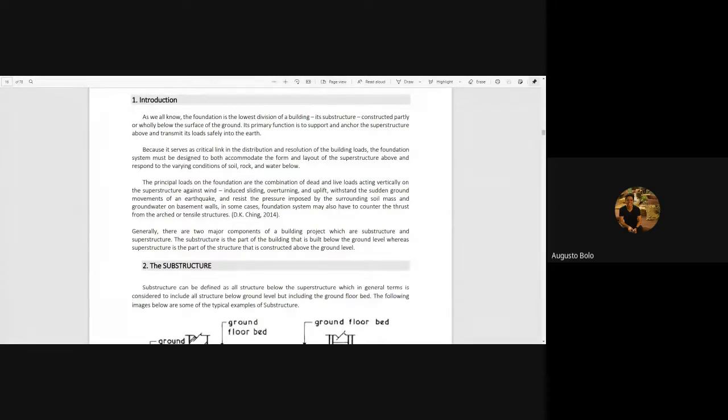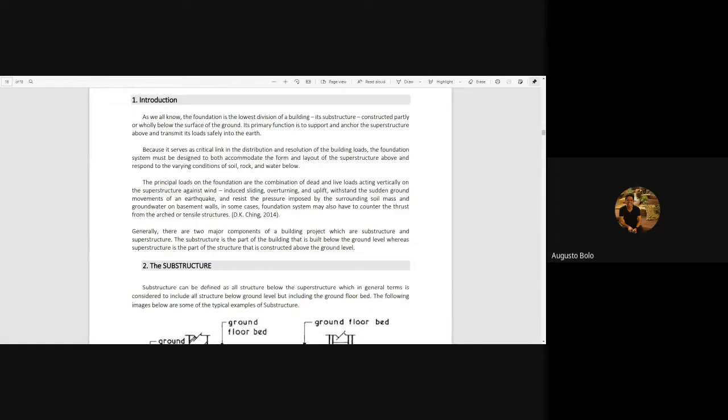Yun na nga yung sinasabi mo. So, because it serves as a critical link in the distribution and resolution of the building loads, the foundation system must be designed to both accommodate the form and the layout of whatever is above, like bahay or building, and respond to varying conditions of the soil, rock, and water below.